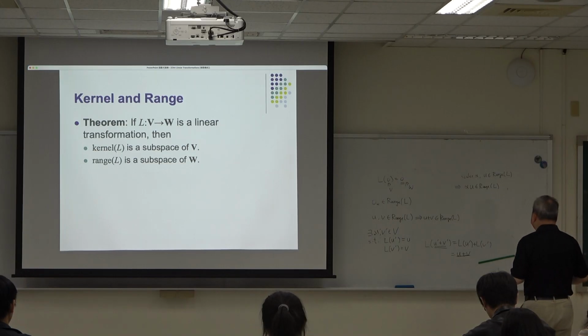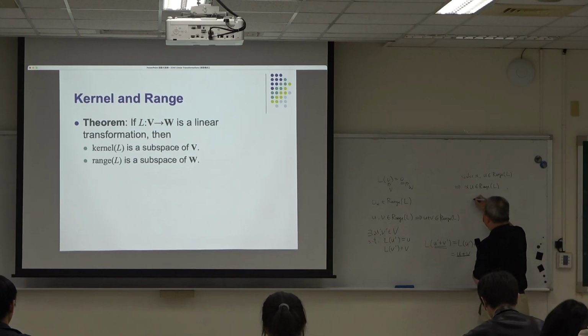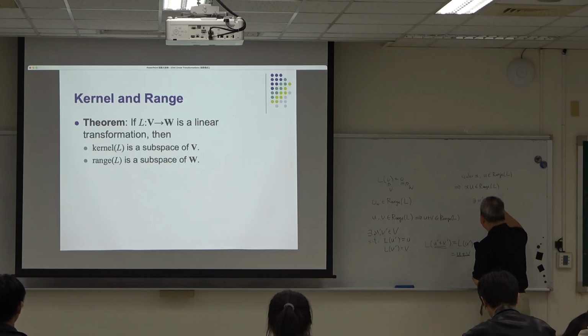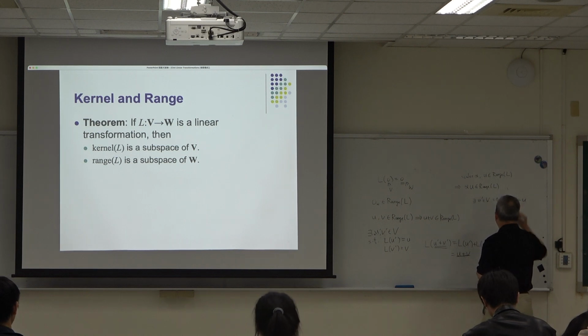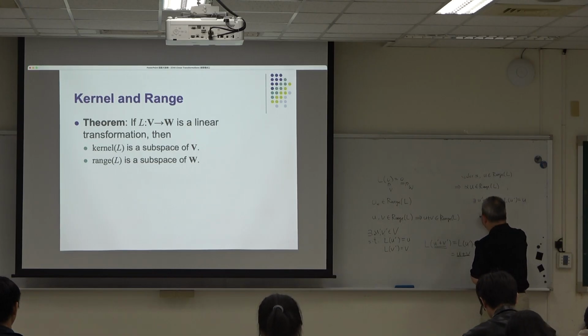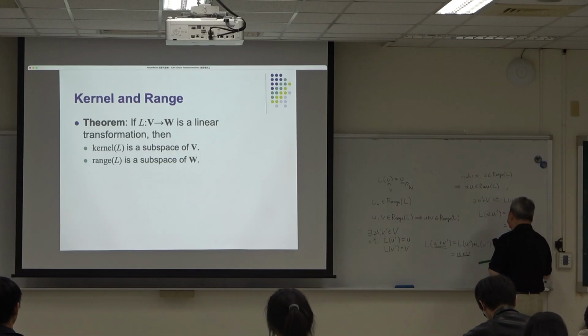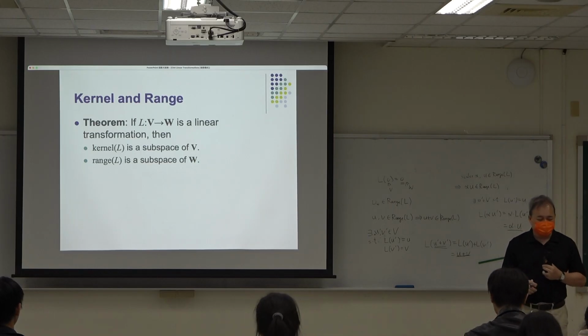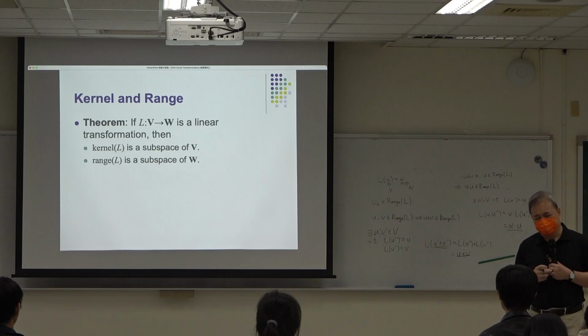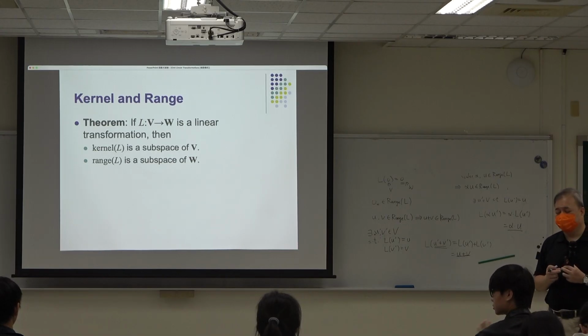Again, according to the definition, when U is in the range of L, there exists a U prime such that L(U prime) equals U. Then L(alpha U prime) obviously will be alpha times L(U prime), which will be alpha times U. So alpha U is in the range of L.